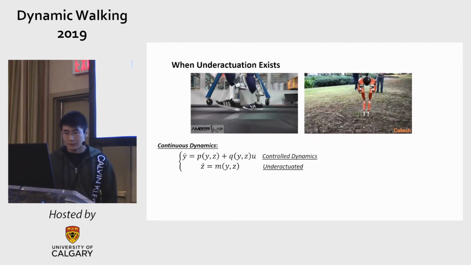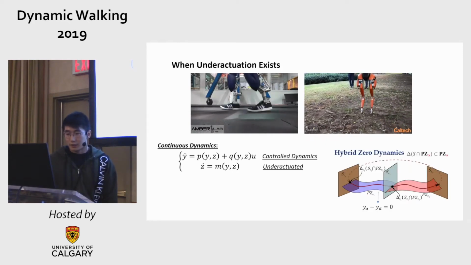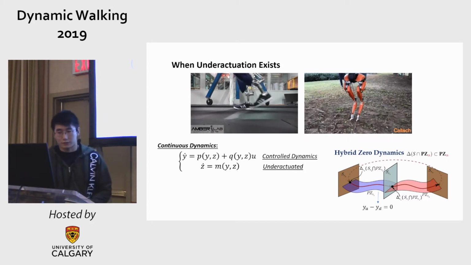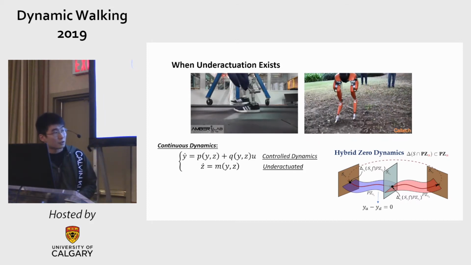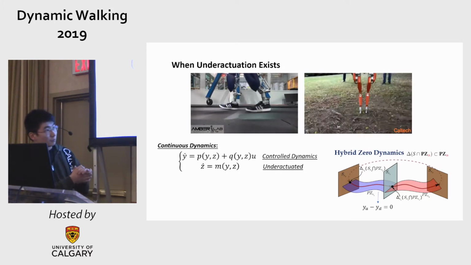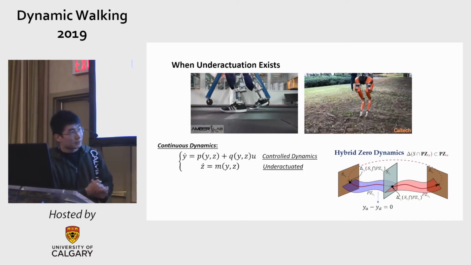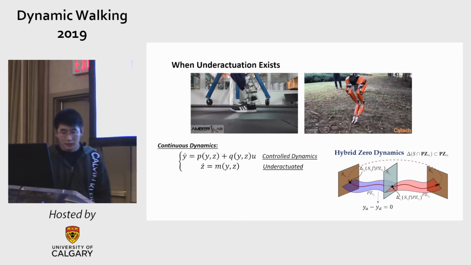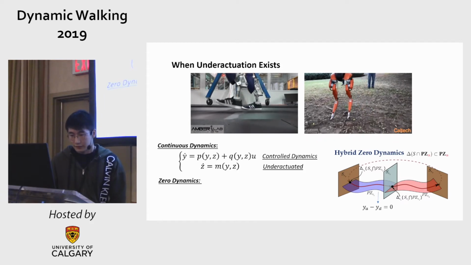the underactuated dynamics. The canonical way to solve this problem is to construct a hybrid zero dynamics surface, where y is driven to the desired behavior, and you use optimization to construct that surface and find a stable orbit on that surface.